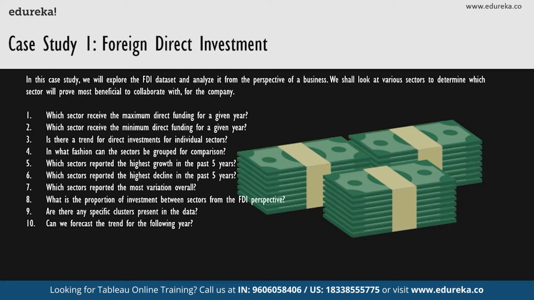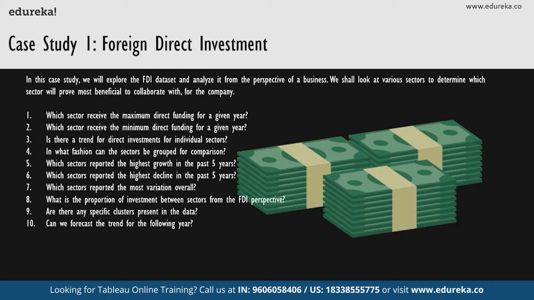And we are going to answer a couple of questions along the way, like the maximum and minimum direct funding for a given year. We are going to also find out the trends for direct investments for different sectors and how they can be grouped or clustered together. We are also going to determine the sectors with the highest and least growth in the last 5 years, and sectors which have a little shaky performance throughout the years.